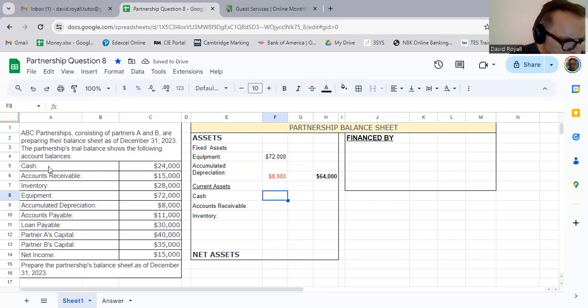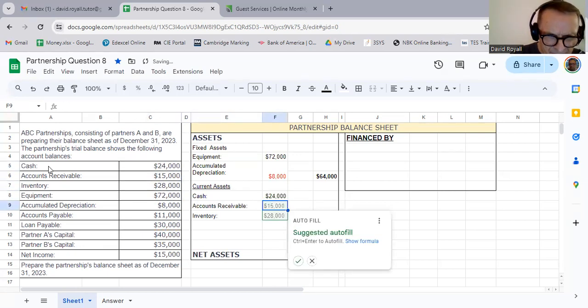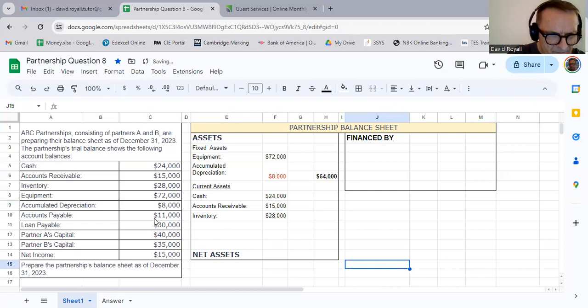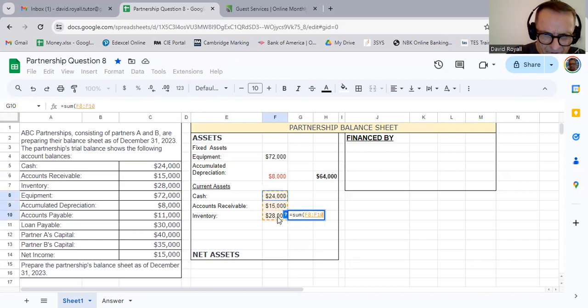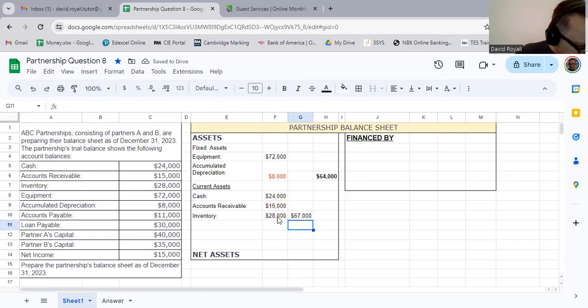They're all current assets. So the cash, we've got 24,000, and a little bit of artificial intelligence there tells me that probably these two need coming across as well. Right, add them up. So I'm going to sum them, to give me the sum of the current assets, so 67,000.